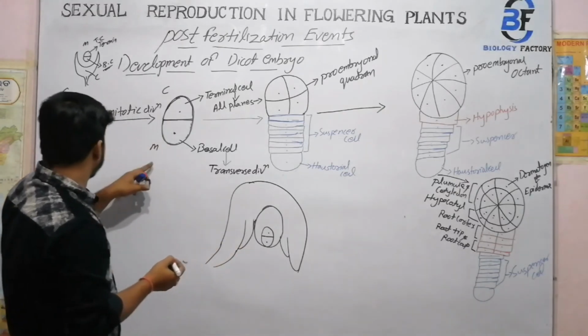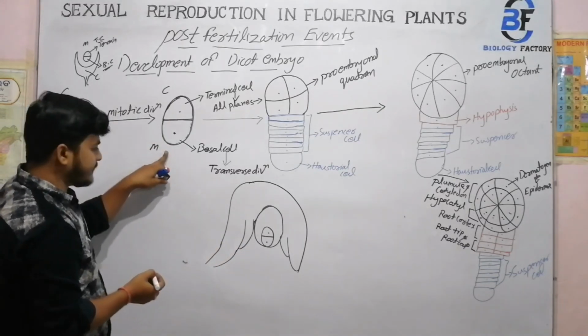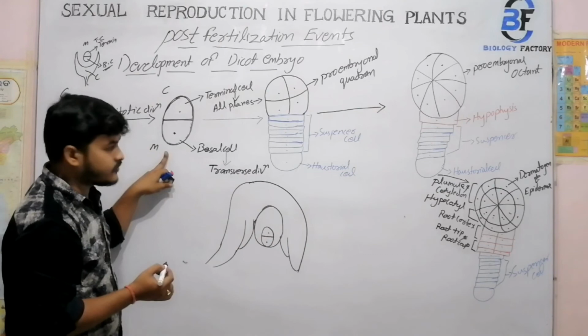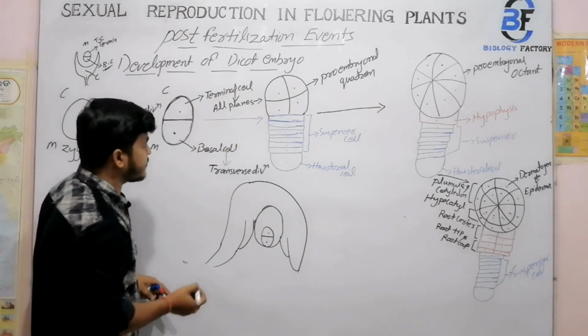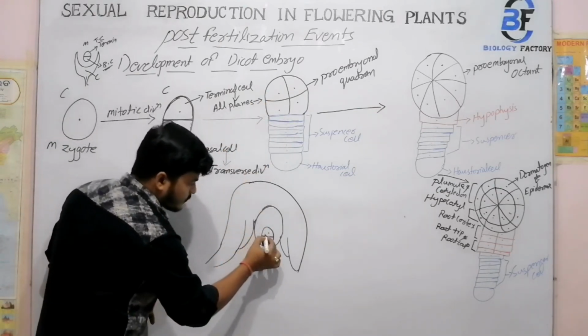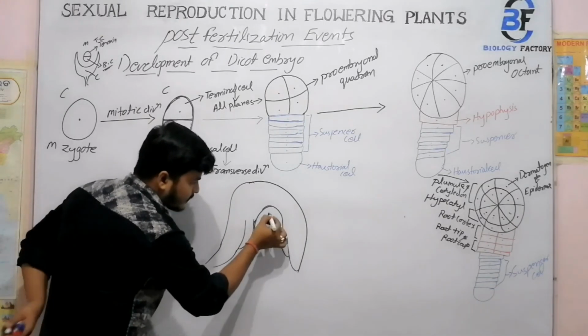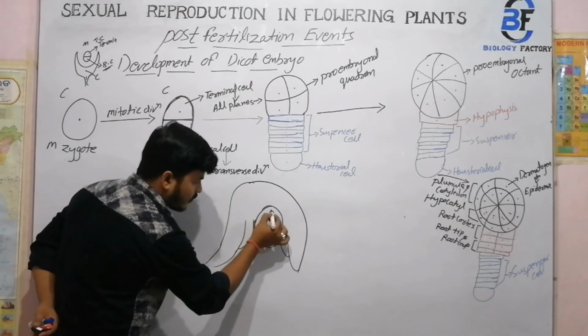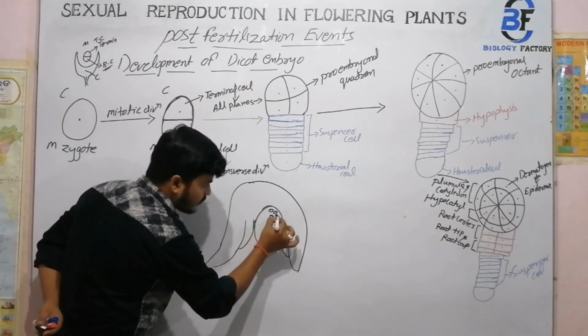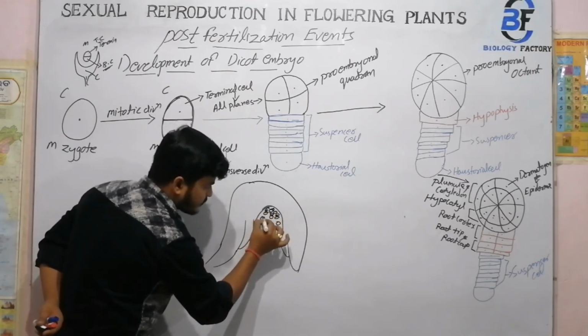I told you that here is the zygote. Next, mitotic division takes place. Next, the globular stage takes place. That means the proembryo is formed. We just change the structure. After that, we also know that the endosperm is already formed. That means it is filled with the endosperm, the nutritive tissue.